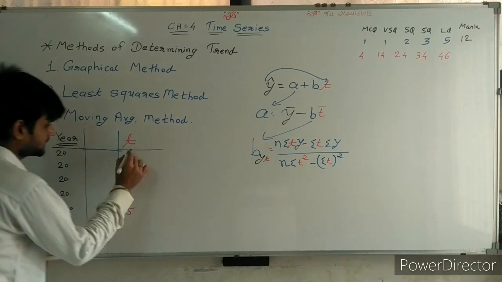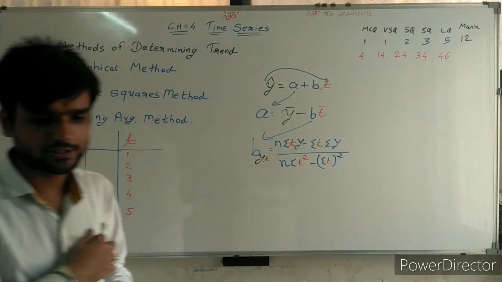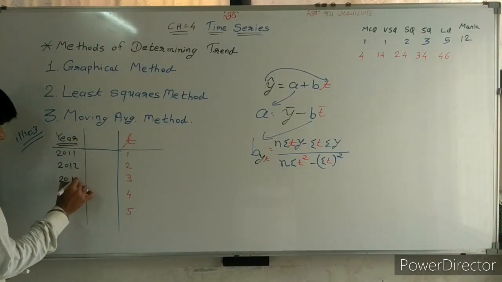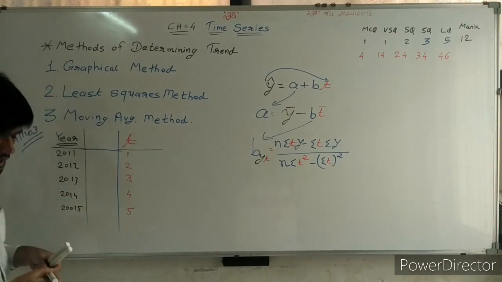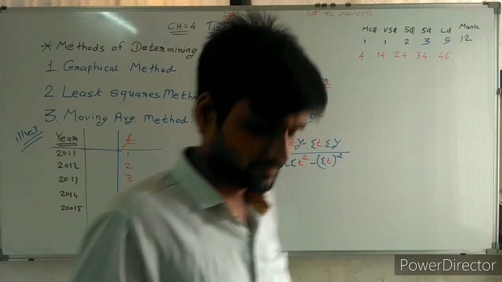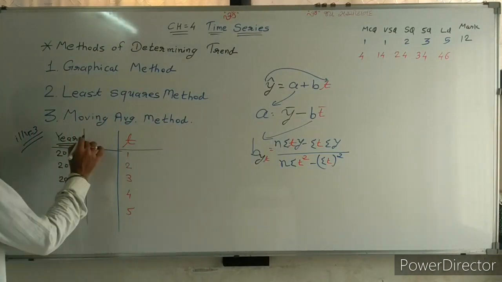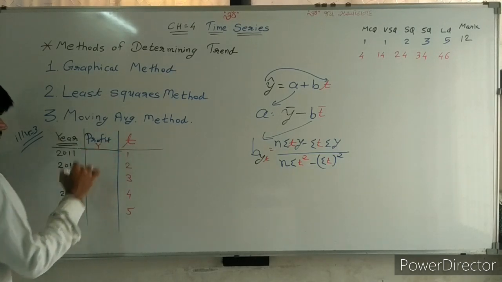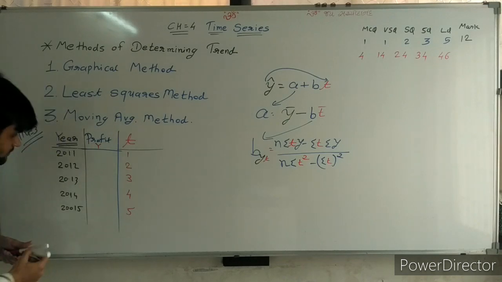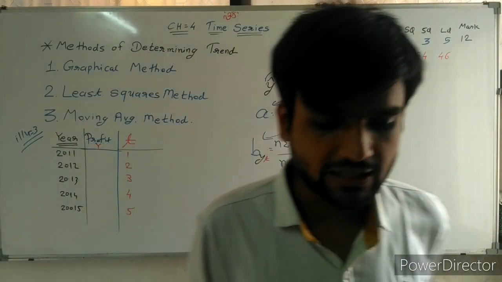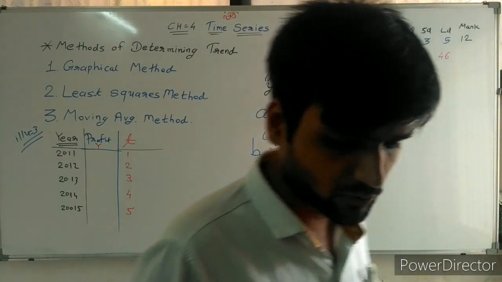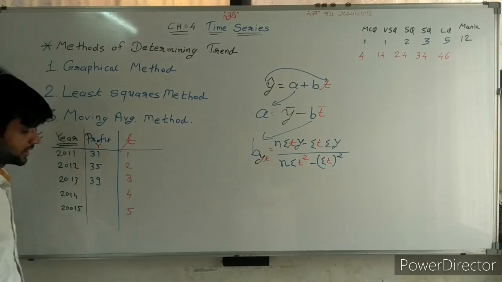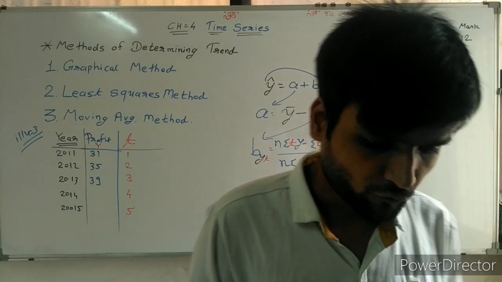In illustration number 3, the years given are 11, 12, 13, 14, 15. Against it, profit is given. That profit is called y. The profit is given in lakhs: 31, 35, 39, 41, 44.